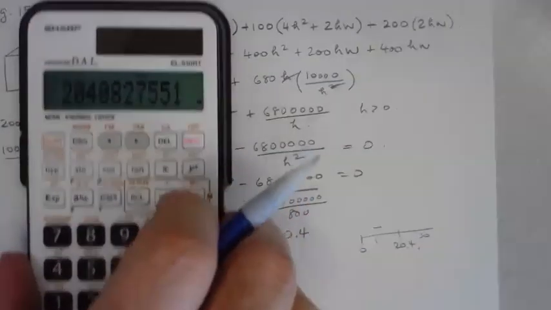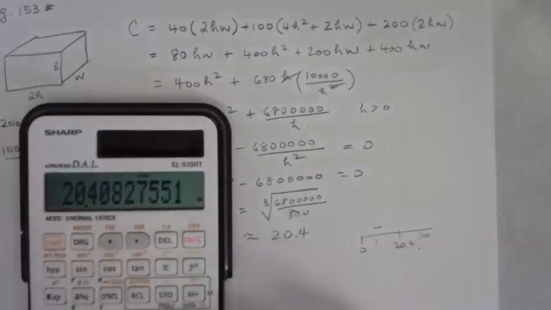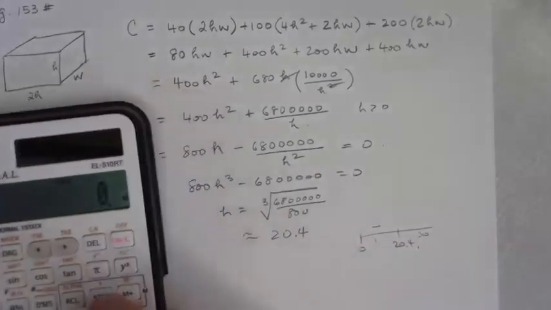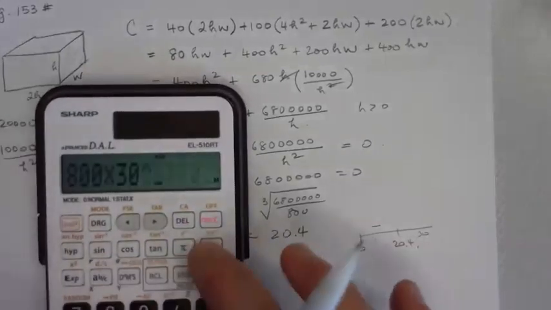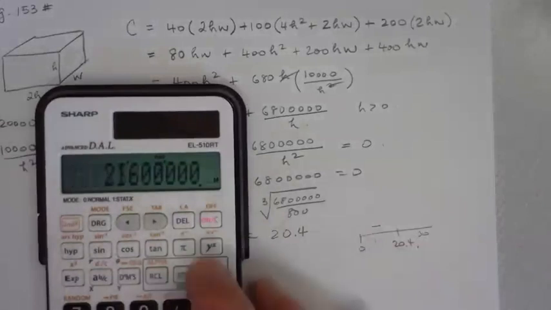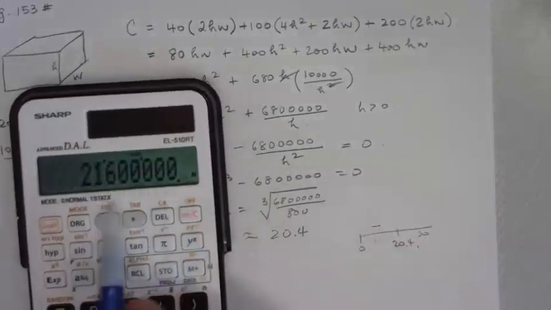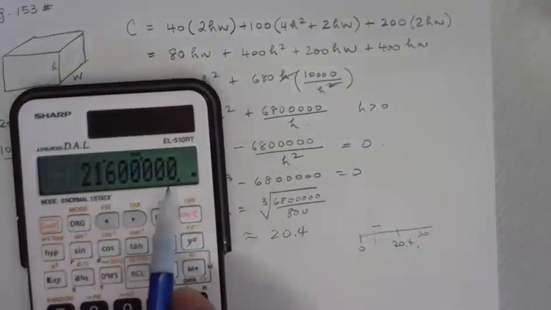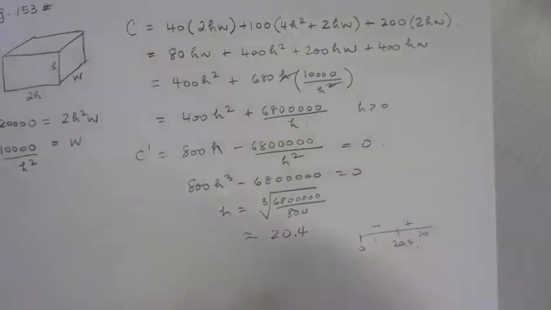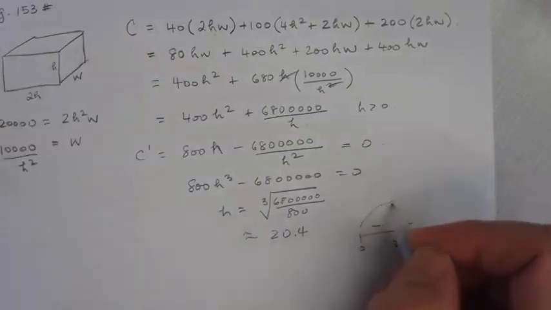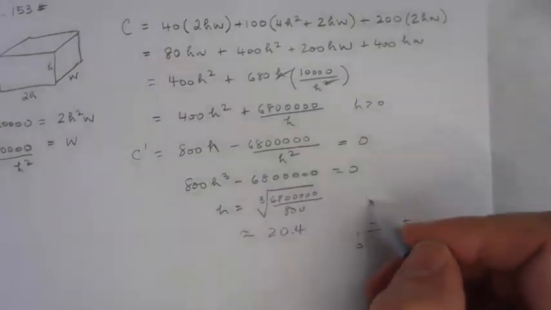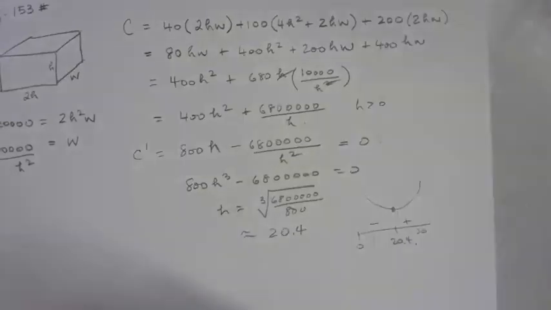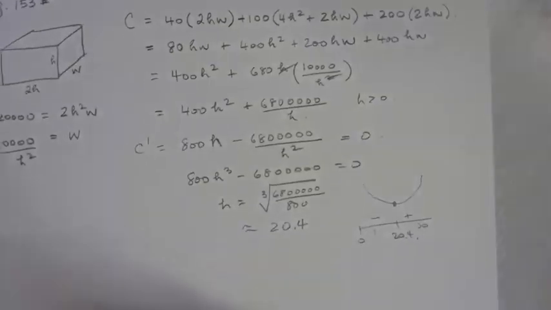So let's stick in 30 to check that it is indeed positive on the other side. So what do we have? We have 800 times 30 cubed. And that's clearly bigger than 6.8 million because that's 21 million. So it'll be positive here. And since there are no other critical points, it's decreasing to our minimum and then increasing always afterwards. All right. And so there we have it.